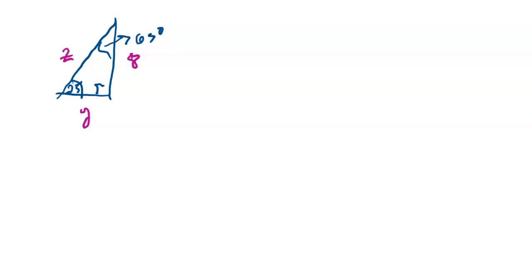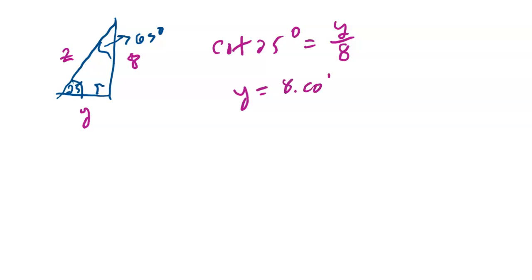Maybe I'll use... I don't know. I can't think. So I'll do cotangent of 25 degrees. So this is going to be adjacent over opposite. So I get y is equal to 8 times cotangent of 25 degrees. This is a dumb problem. For z, I'll use cosecant.